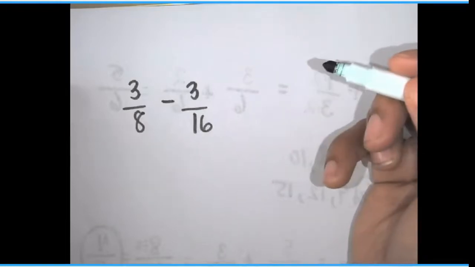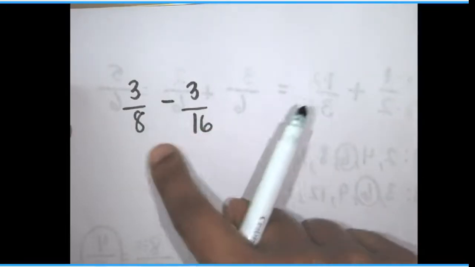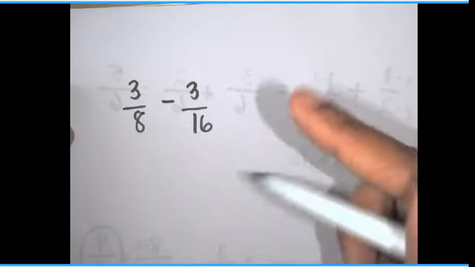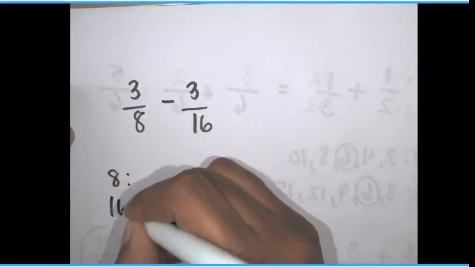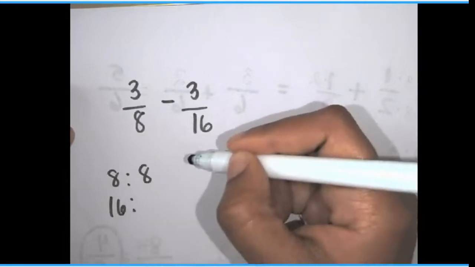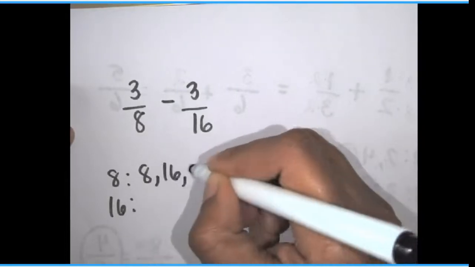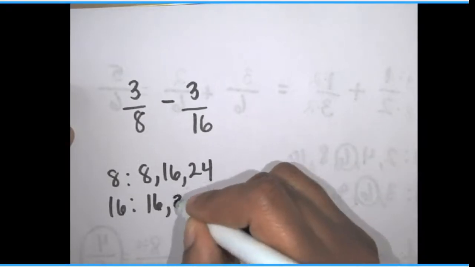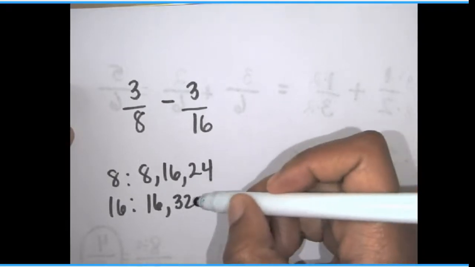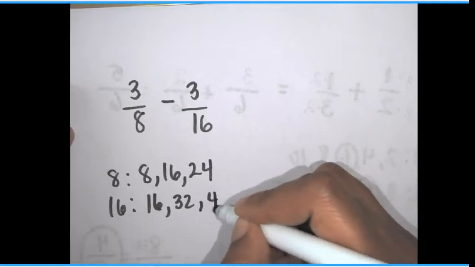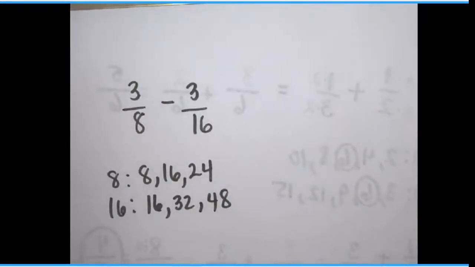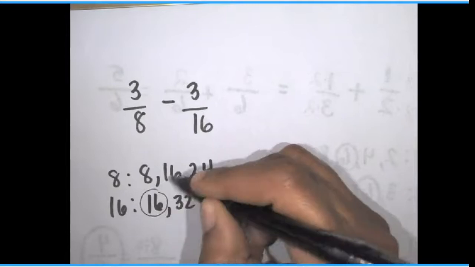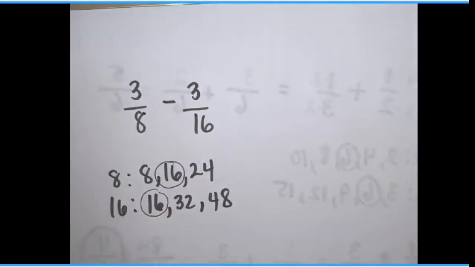So I know the answer is 16, because 16 times 1 is 16, and 8 times 2 is 16. But just in case some people need to see it, 8 times 1 is 8, 8 times 2 is 16, 8 times 3 is 24, 16 times 1, and then 16 times 2 is 32. Okay, so again, the common multiple or common denominator needs to be 16.